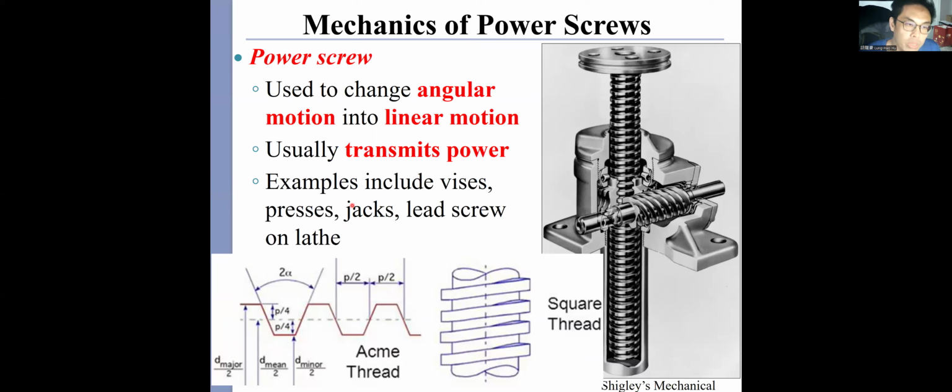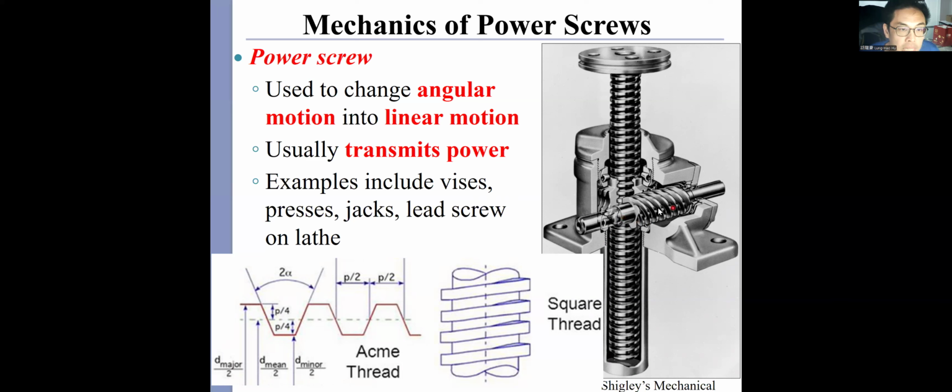Okay, so there's one example of a component using the square thread or the Acme thread. It's called the power screw, which can be used to change angular motion into linear motion. So this power screw is rotated, right?